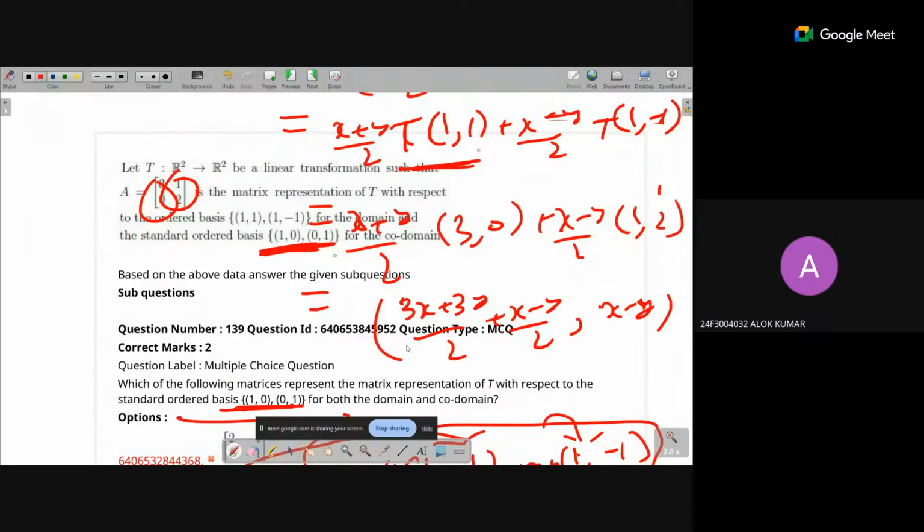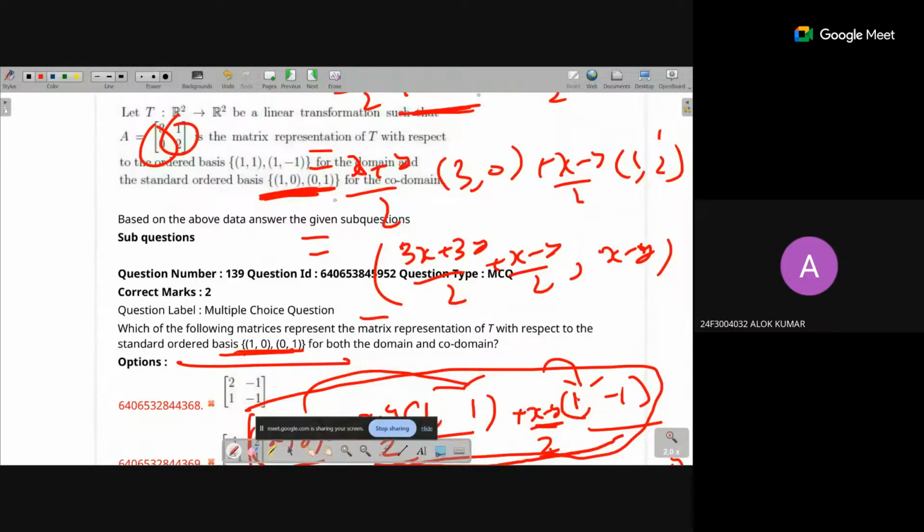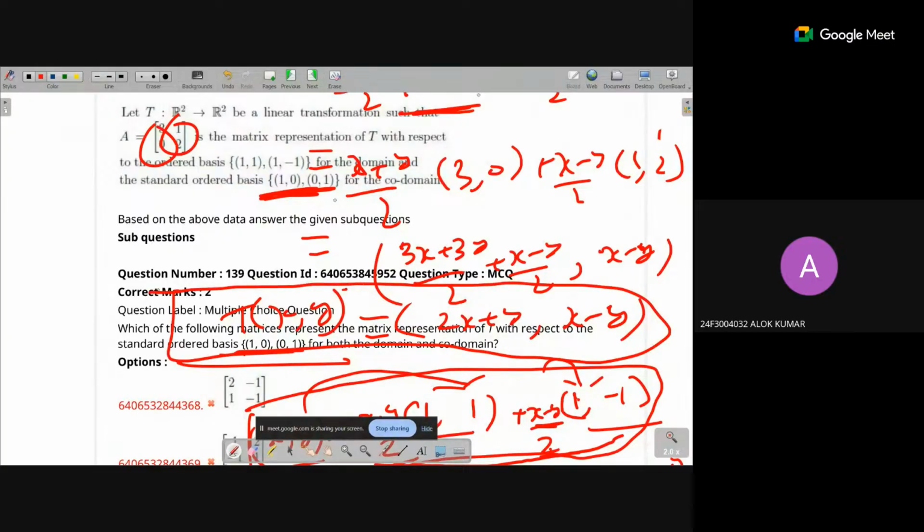After computing this, you will get 4x and 2y, so 2x plus y and x minus y. So this is the transformation. How we calculated this is important. This matrix is given and we just calculated this transformation, 2x plus y, x minus y.